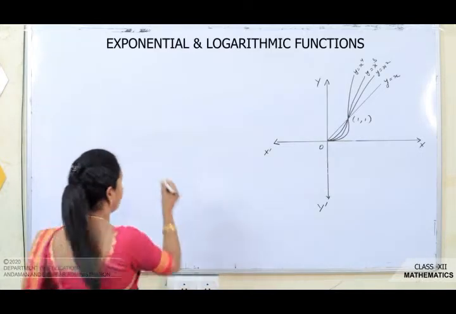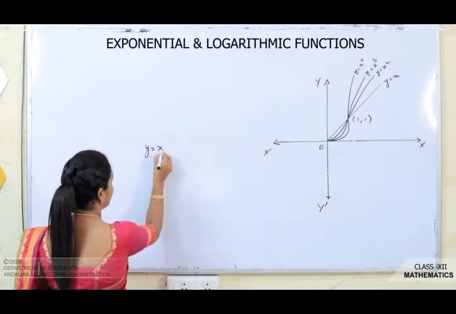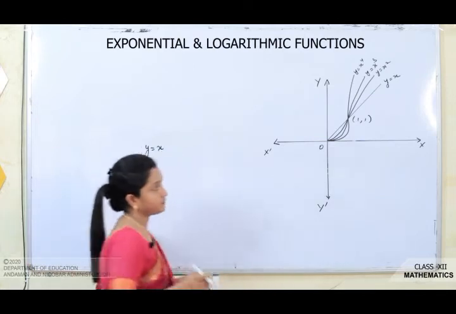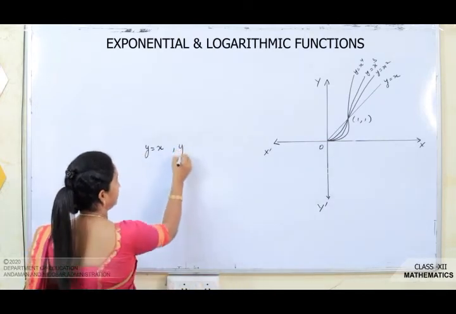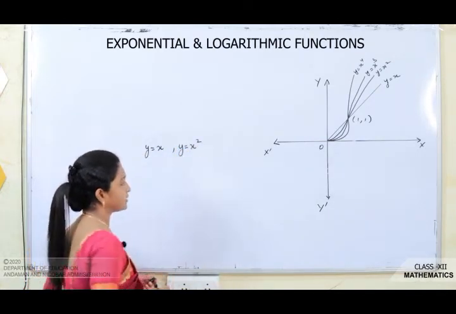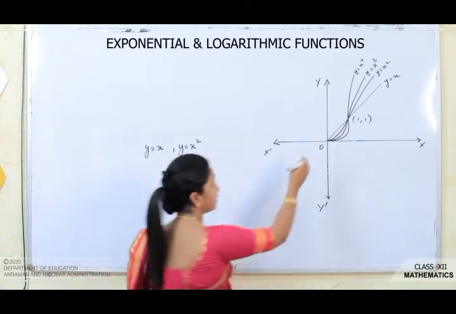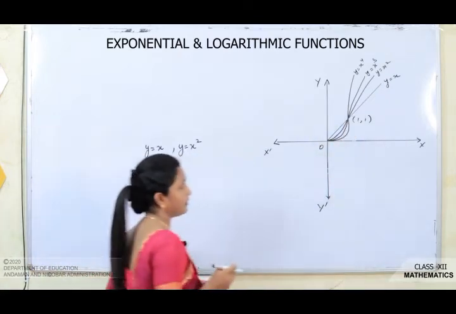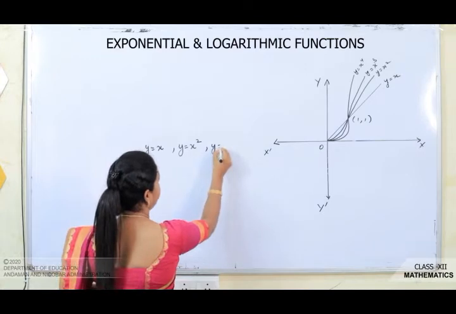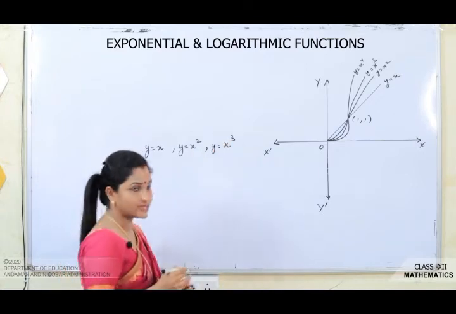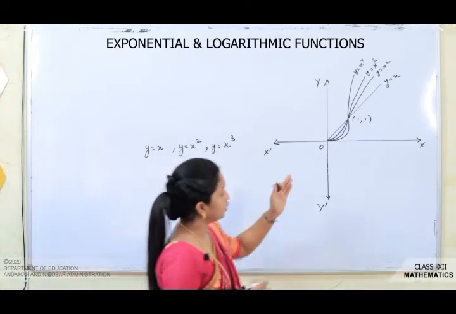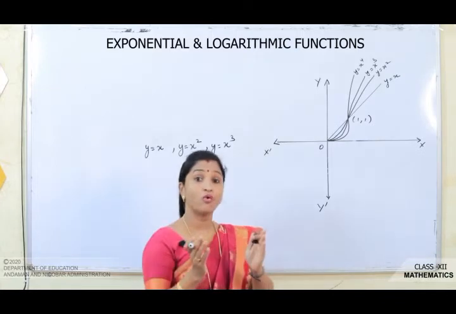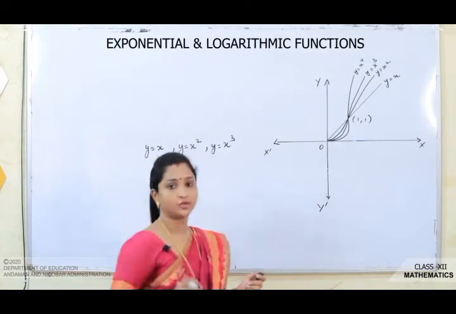When you plot y is equal to x square, you get a parabola. And if you plot y is equal to x cube, you will observe that the graph is steeper than y is equal to x square.